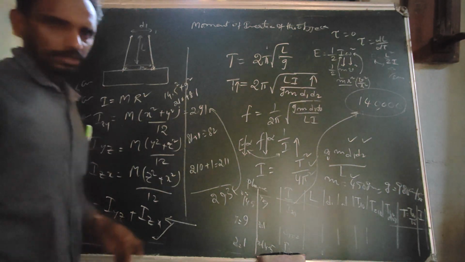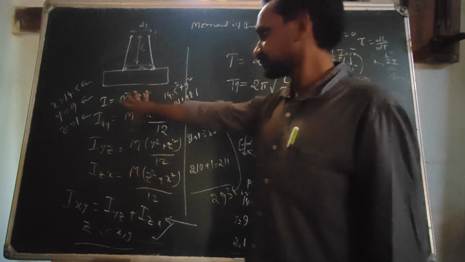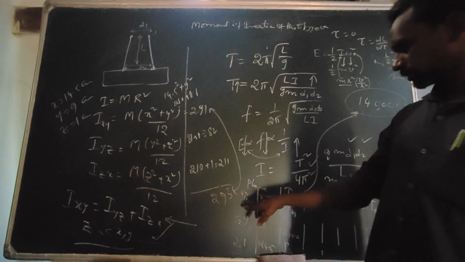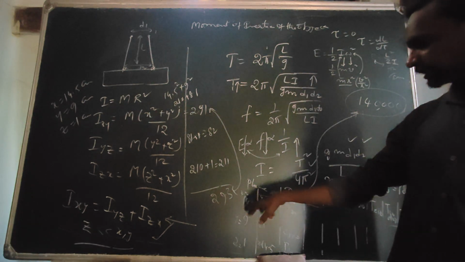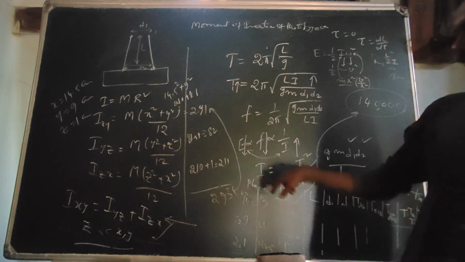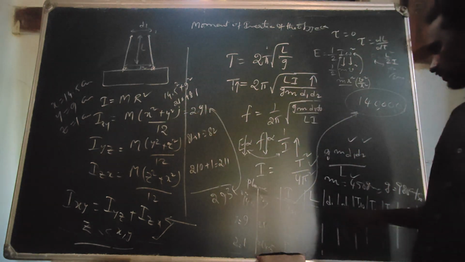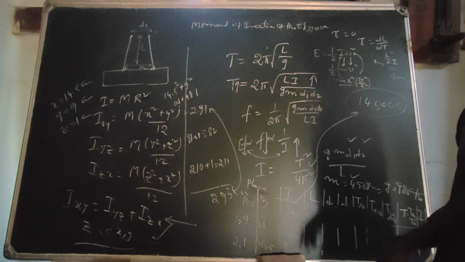So here we perform this experiment by calculating moment of inertia using this formula. Means xy, we consider one plane, xy plane, and calculate moment of inertia in xy plane. Then calculate moment of inertia from the experiment.